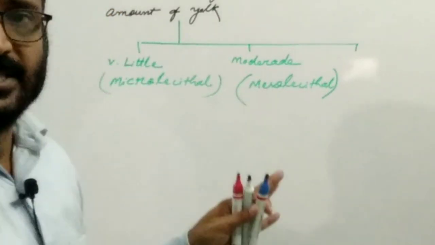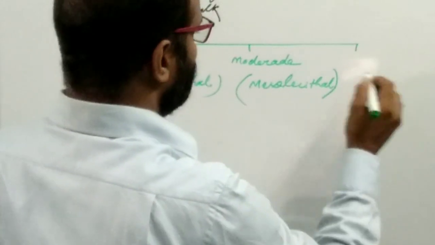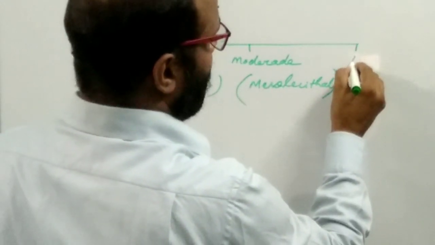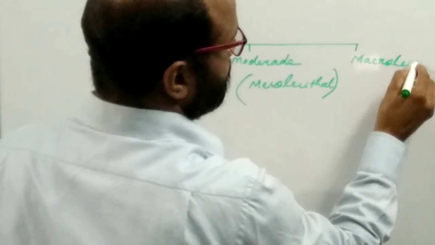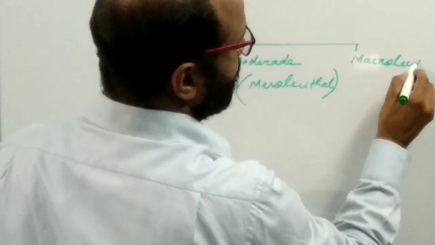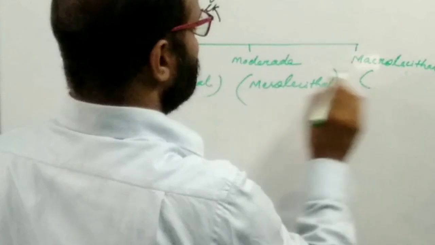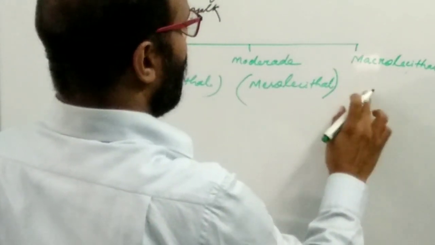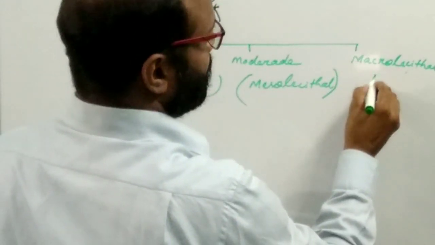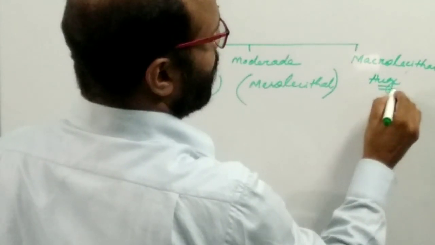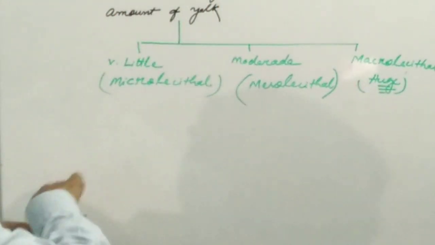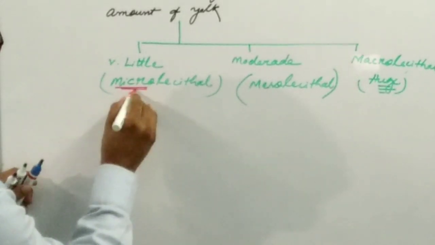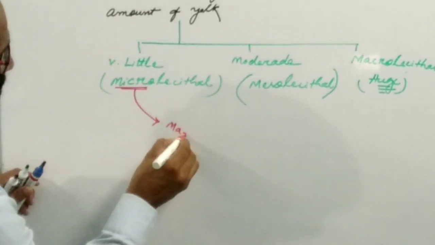If the egg contains a huge amount of yolk, like a chick's, it is known as macrolecithal. So for the microlecithal egg, the example is the human egg or the mammalian egg.